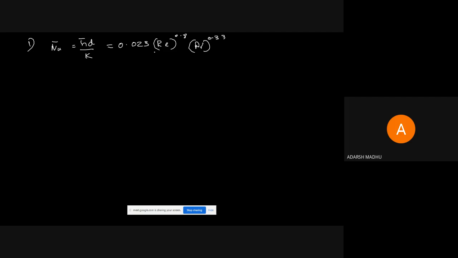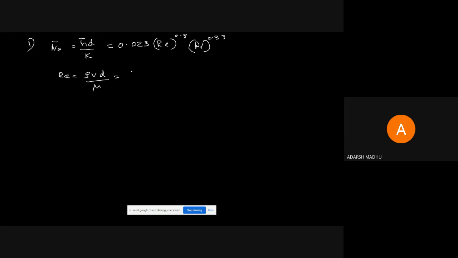So first you want to find the Re value and Pr value. Re equals rho VD by mu. Rho is given, velocity is given, diameter is given, and mu is given, so we can directly find the value of Re.